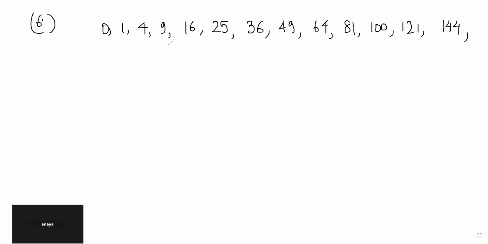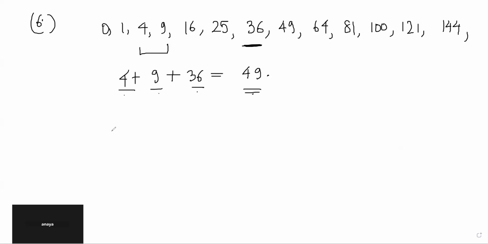You can easily see that 4 plus 9 plus 36 is what? 49. Right. So the sum of these three squares is also a square.